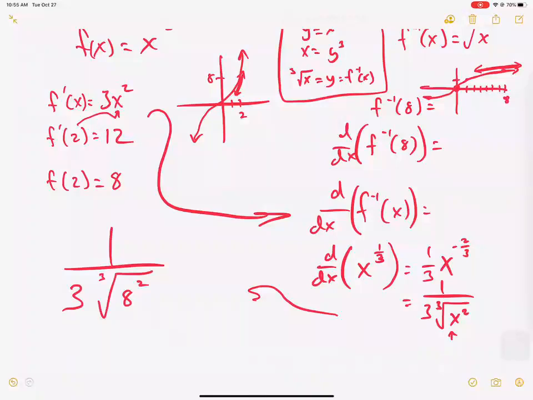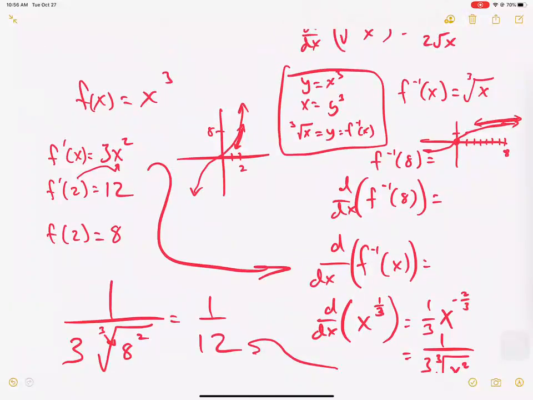When you do squares and cubes, it doesn't matter the order. So what's the cube root of 8 first? That's going to be 2. 2 squared is 4. 4 times 3 is 12. So the slope here is 12. The slope here is 1 over 12.